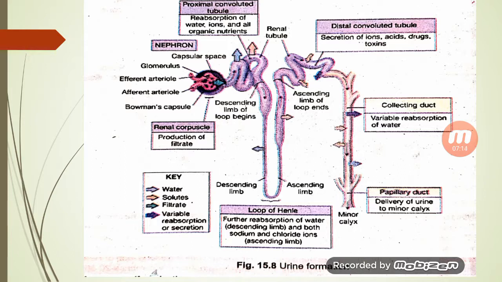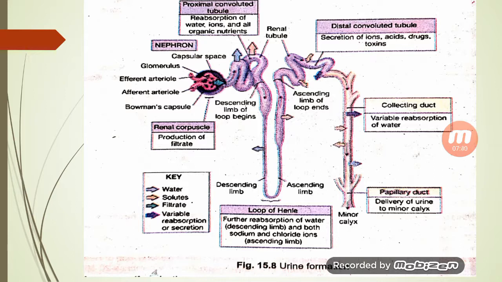Sodium binds to the glucose and some other solutes. Nearly all glucose and amino acid molecules are reabsorbed at this stage. And about half of the nitrogenous waste is also absorbed into the bloodstream. The kidneys reduce the metabolic waste to a safe amount.